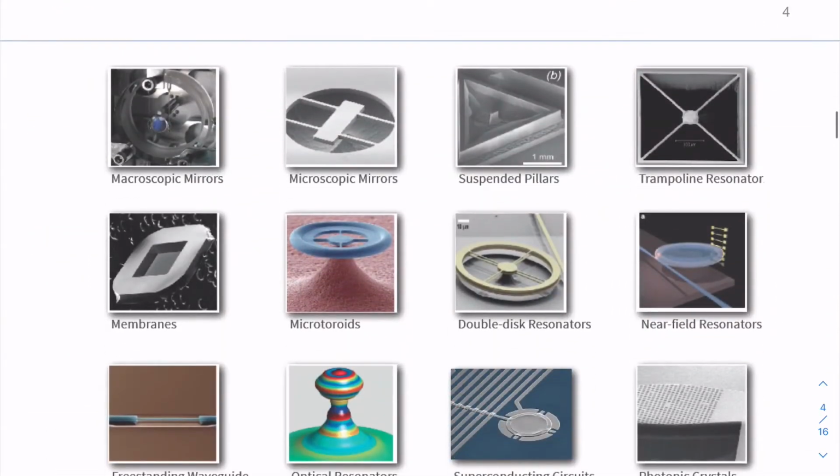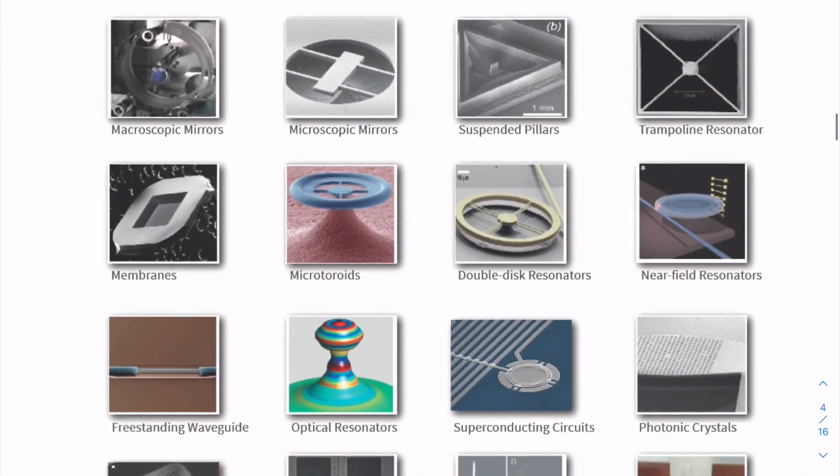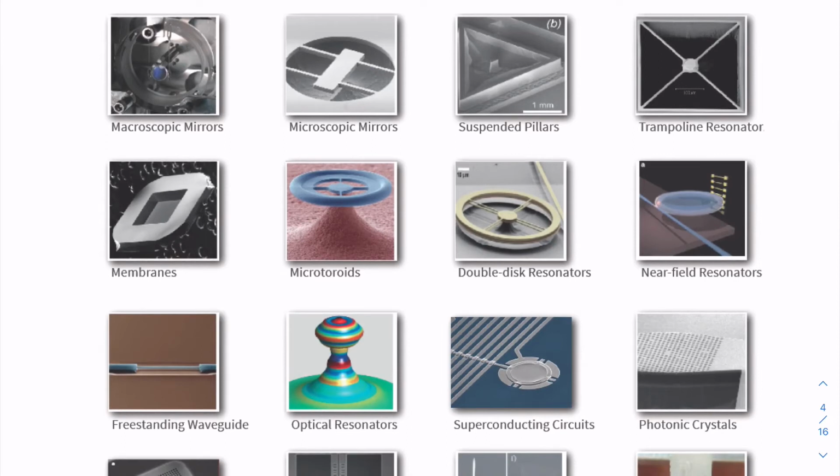Now today there are a variety of optomechanical systems, as illustrated in these photographs here. The mass of the systems ranges from gram to zeptogram. Zeptogram means very small, that is 10 to the power minus 21 gram. And systems like these are all optomechanical systems.